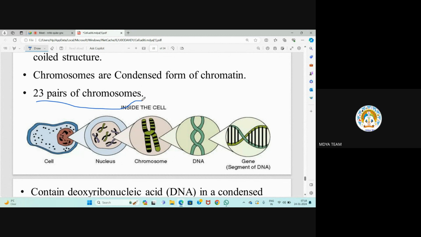Yeah, very good. So if in the examination the options are 23 pairs, 46, all of the above, none of these, don't be confused. 23 pairs or 46 is the same. So take all of these.